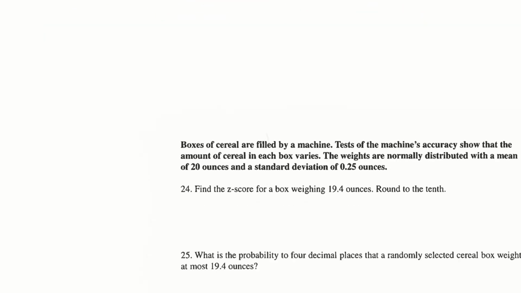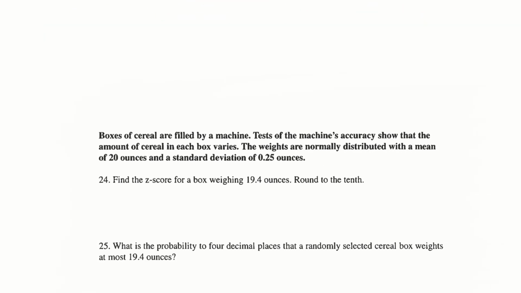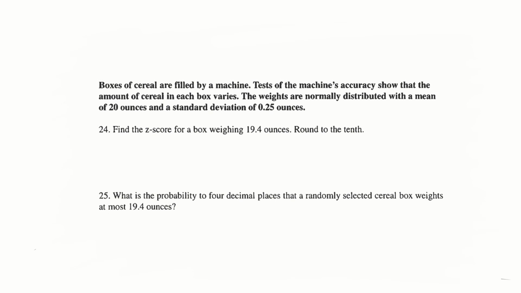Okay, so let's look at it. Find the z-score for a box weighing 19.4 ounces. So, in this example, it says that it has a mean of 20 ounces and a standard deviation of 0.25. So, what we're going to do is take that 19.4 minus 20, and then we're going to put it over the standard deviation, 0.25.